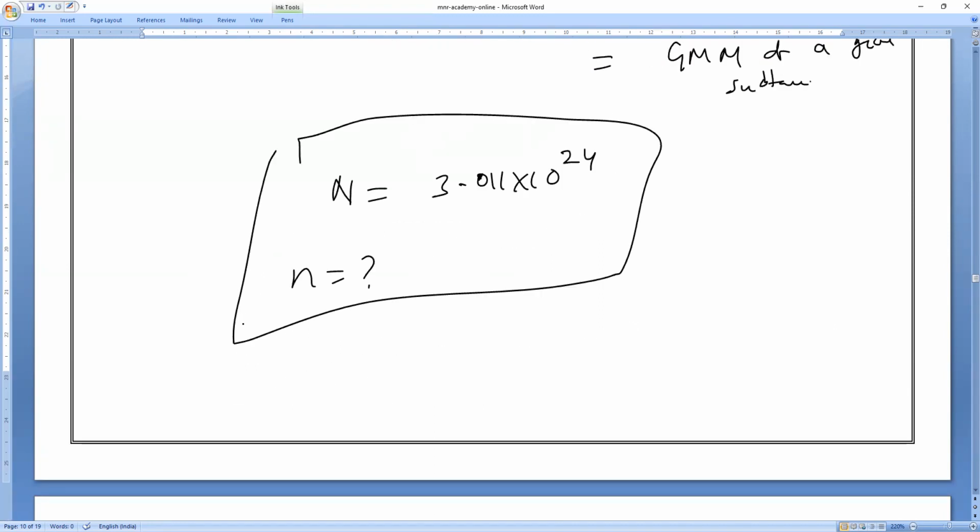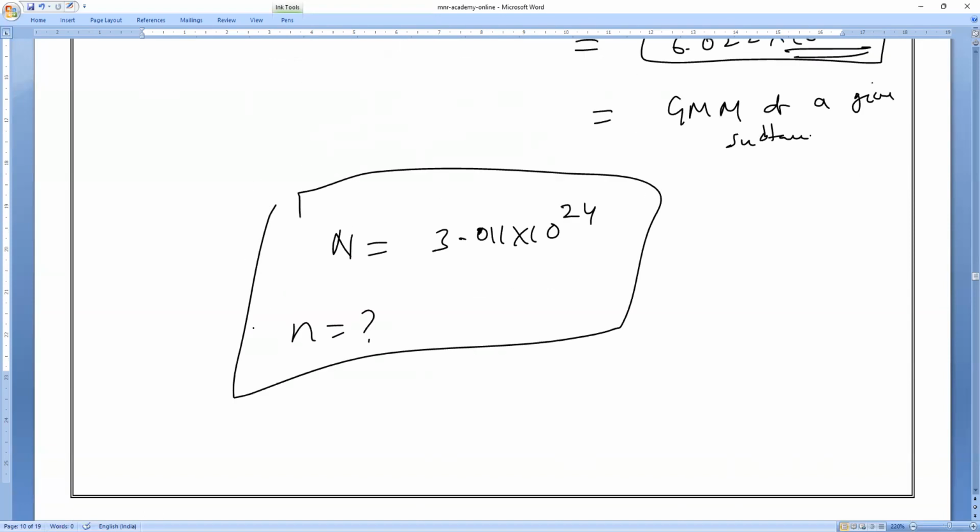Number of particles is given. First formula or second formula? Second formula, sir. So n is equal to the second formula: number of particles divided by Avogadro number. What is the Avogadro number? 6.022 into 10 power 23.